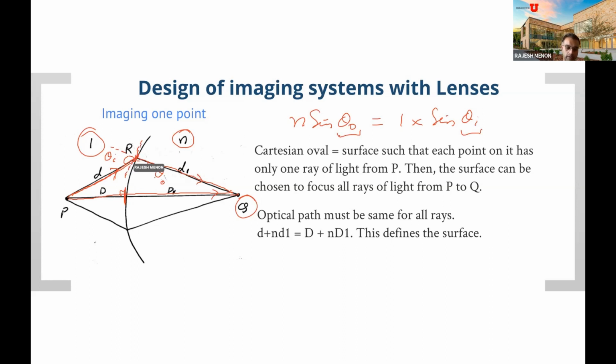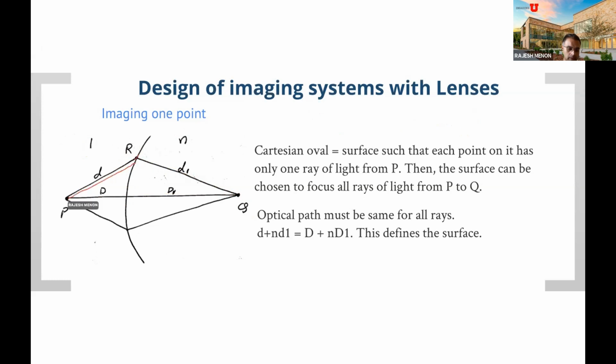So if I do that for many rays, I can do that for an infinite number of rays. Of course, you do this with a computer, right? I can do this for many rays. For all of these rays, I have to make sure that they end up at the same point, right? If I do that, I can define a tangent at the intersection of every such ray with the surface, because I have now defined the normal at each of these points.